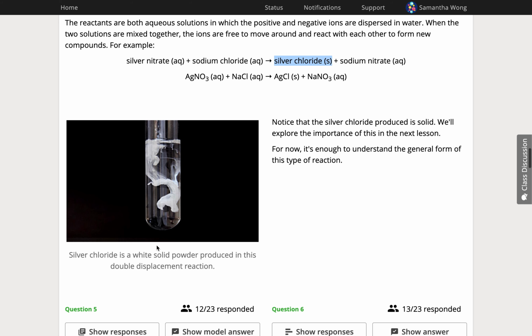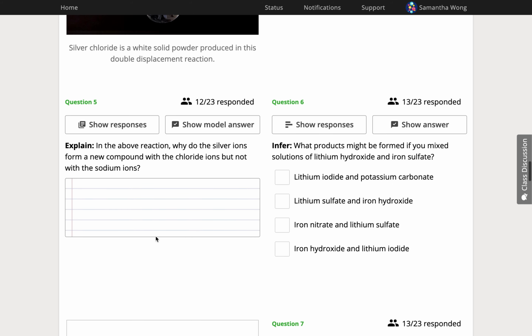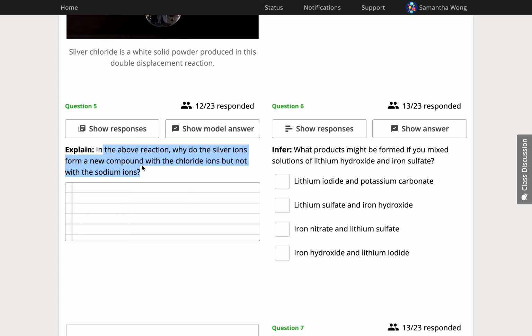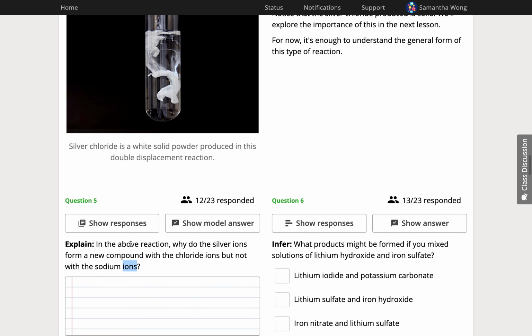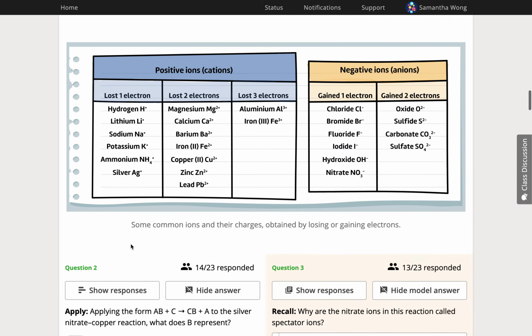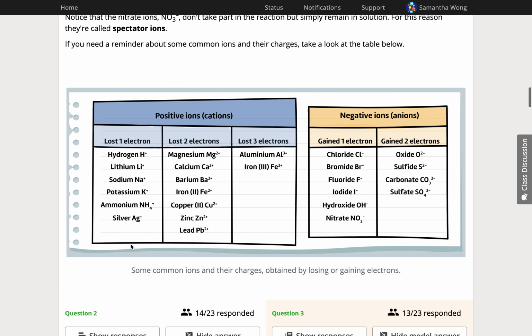Now, keeping all of that in mind, in this above reaction, why do the silver ions form a new compound with the chloride, but not the sodium ions? Now, before you have a think about this, because they are all ions, so silver, chloride, and sodium, what I want you to do is scroll back up slightly and take a look at this table here.